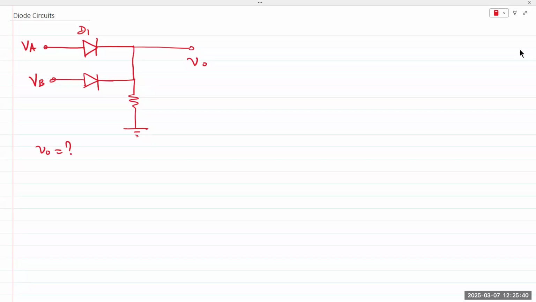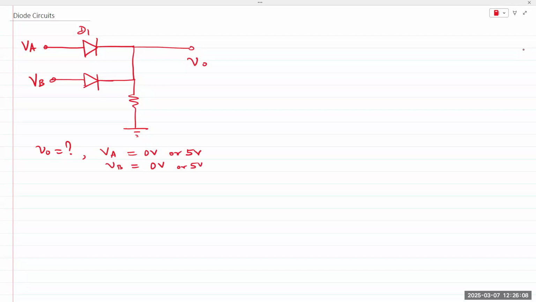Again, using the same ideal diode analysis. So the conditions are VA could be 0 volts or 5 volts. VB could be 0 volts or 5 volts.